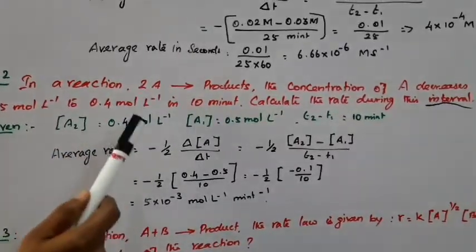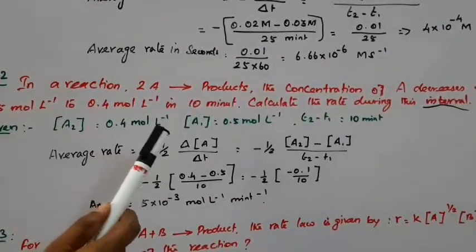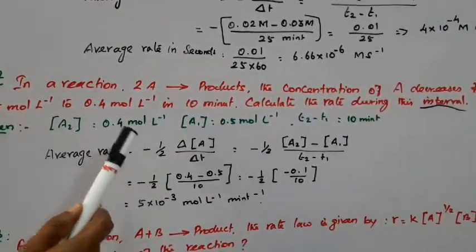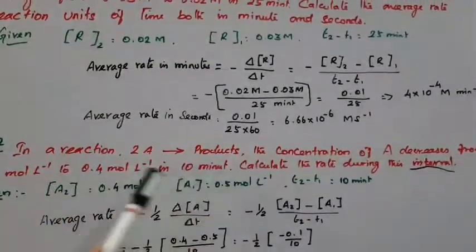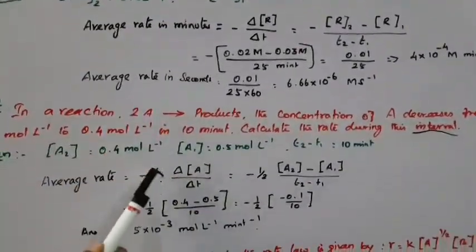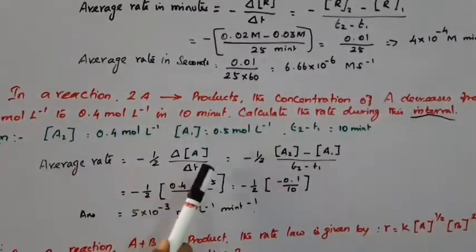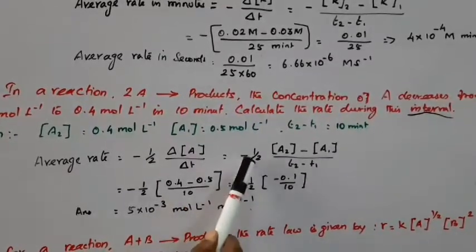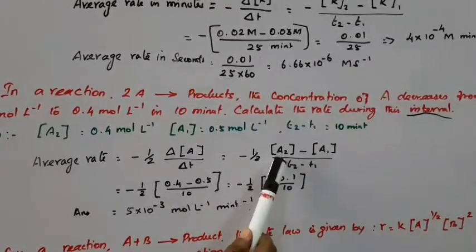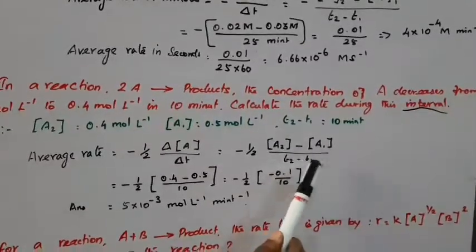Because the rate of reaction must be in balanced form, only then can we calculate the rate of the reaction. Here the quotient is present, so minus 1 by 2, the change in concentration of reactant A with respect to delta T, equal to minus 1 by 2, final to initial, with respect to time T2 minus T1.